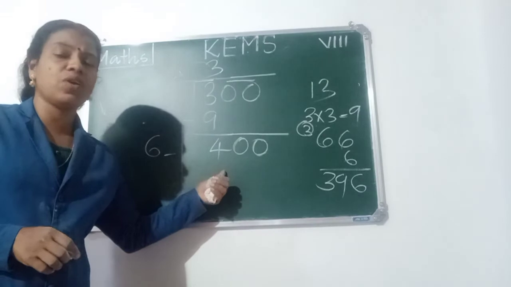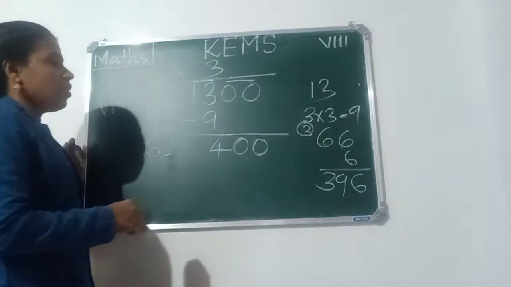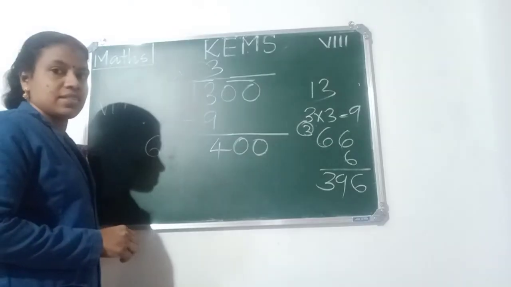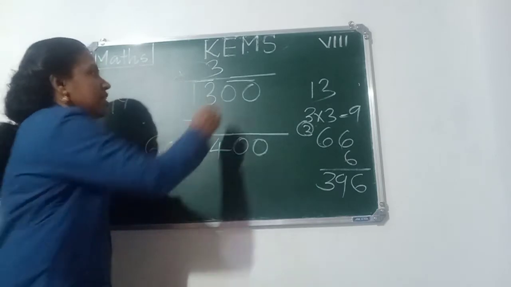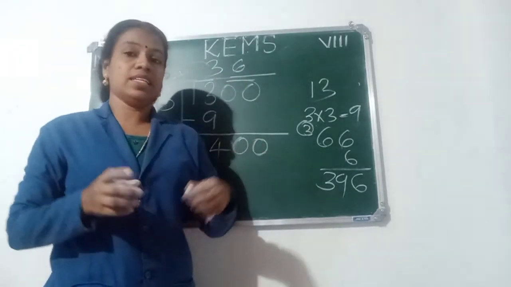Is it near to 400? Yes. So write that 6, here 6 and 6, 396.